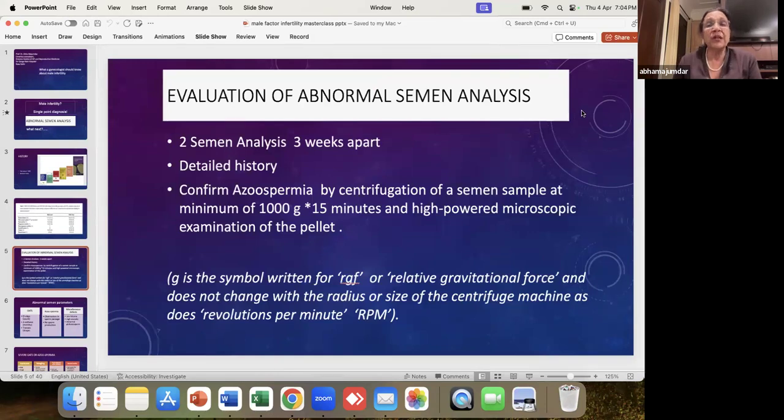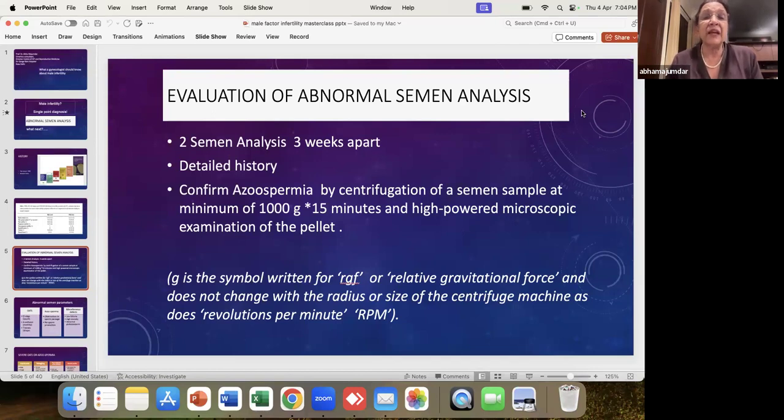So how do you evaluate a normal semen analysis? Suppose the motility comes lower than what we want. It is 12 million. So you will order another semen analysis 3 weeks apart. And you will take a detailed history in terms of any childhood illnesses, any surgical interventions in childhood, and later on, everything about smoking, drinking, whatever.